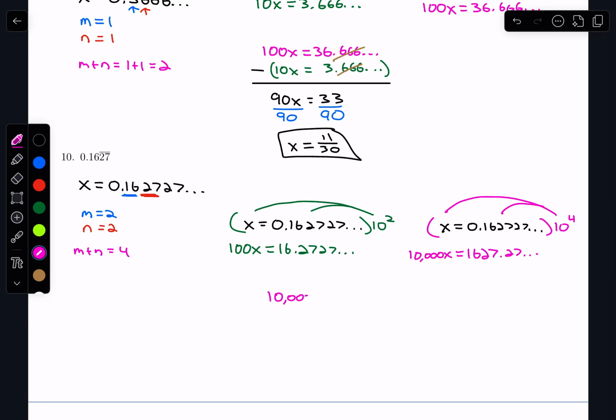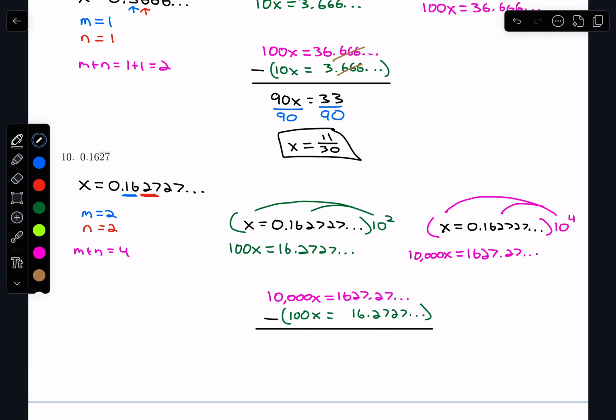So I'm going to take 10,000x equals 1,627.27, where the two sevens repeat, and I'm going to subtract from that 100x equals 16.2727, where those repeat. And when I do this subtraction, I get the equation that I can solve to get my answer.